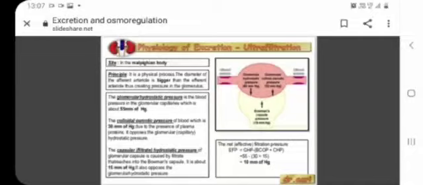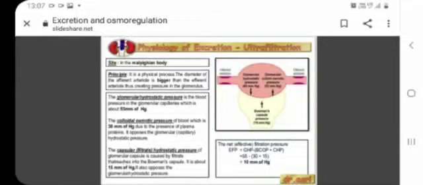The colloidal osmotic pressure of blood, which is 30 millimeters of mercury due to the presence of plasma protein, opposes the glomerular hydrostatic pressure.